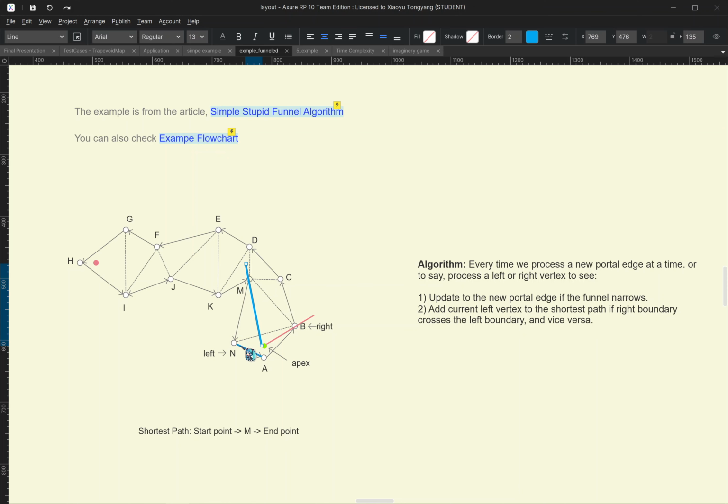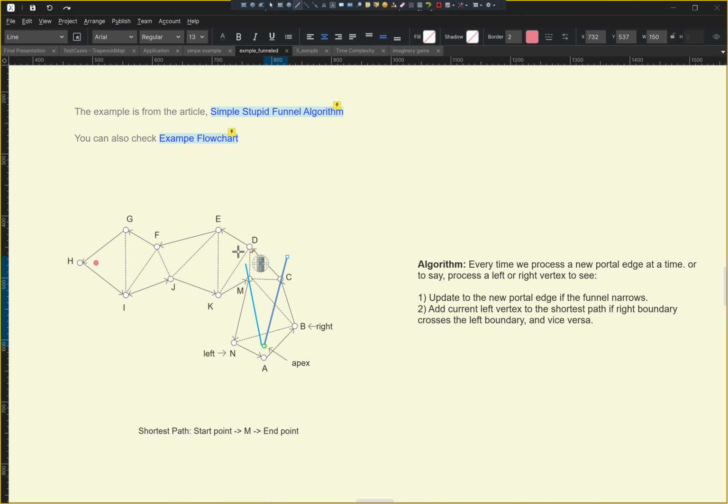We update from N to M. The next point we need to process is point C, and we need to move the right boundary from B to C. We move the right boundary from B to C, and as we can see, the funnel narrows, so it's okay to update.